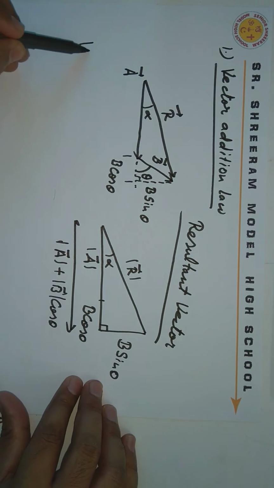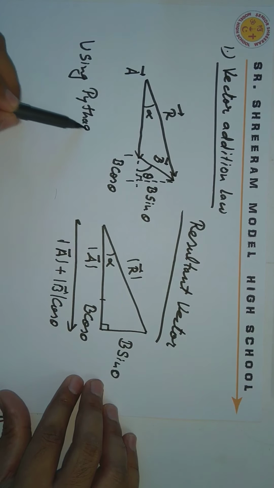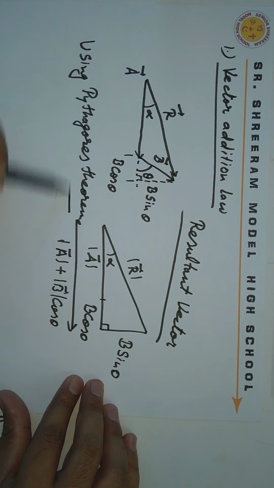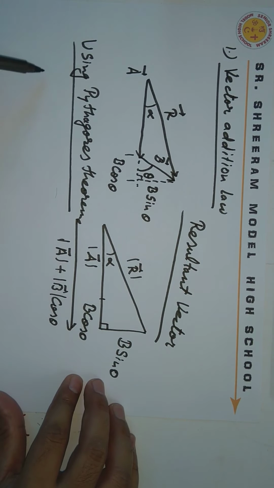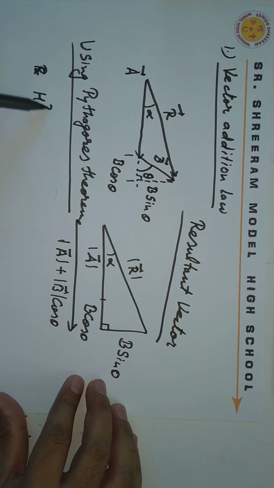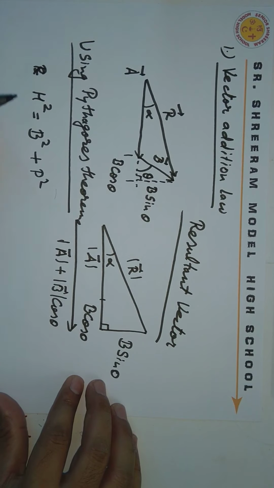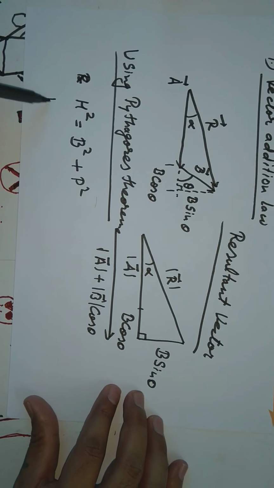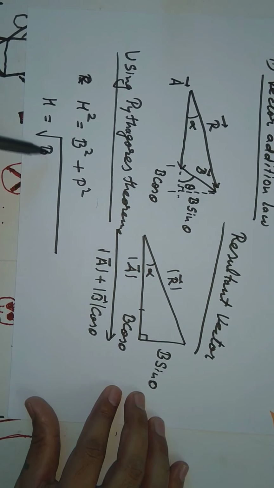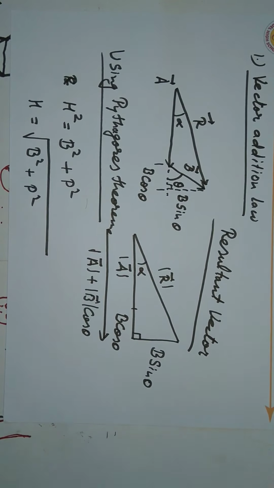So using Pythagoras theorem, what do we get? H square is equal to base square plus perpendicular square, so H becomes under root base square plus perpendicular square.